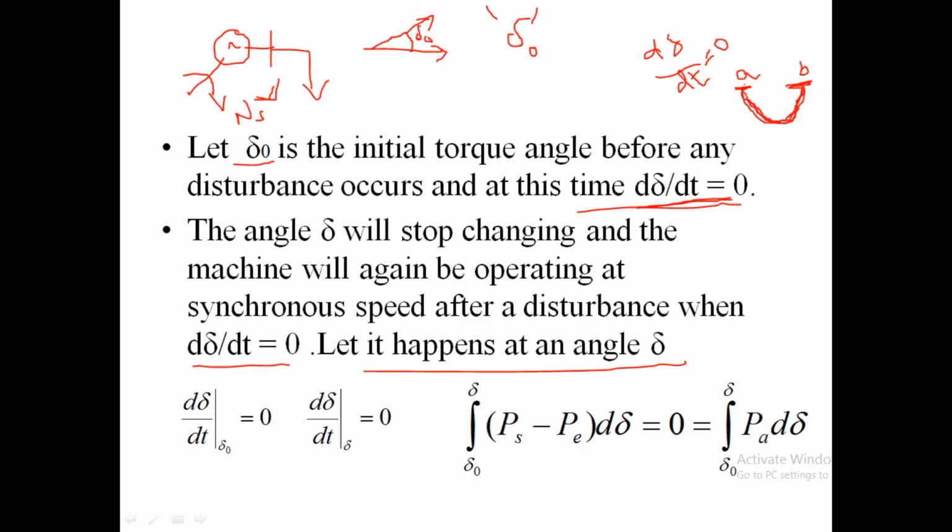If we consider the case of a pendulum, it will again oscillate, and if the oscillations are reducing, it will finally come to some point here. Similarly here also, after this delta the oscillations continue, but at that position, for an instant, d delta by dt will become 0. So at two positions d delta by dt equals 0: at delta 0, and at delta.